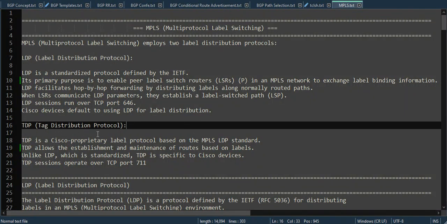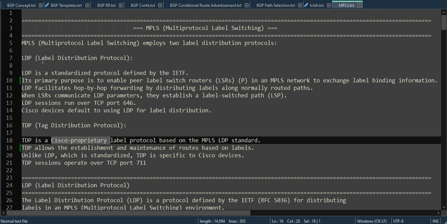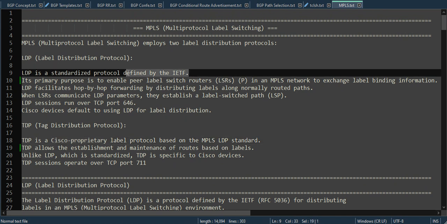TDP, or tag distribution protocol. TDP is a Cisco proprietary label protocol based on the MPLS LDP standard. TDP is Cisco proprietary and LDP is standard, defined by the IETF. This is the first difference between these two.